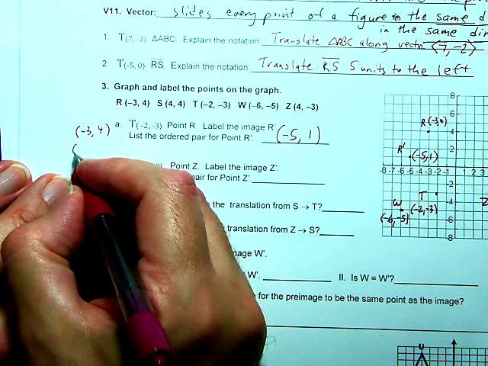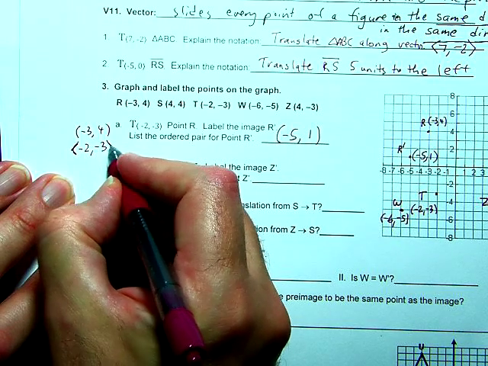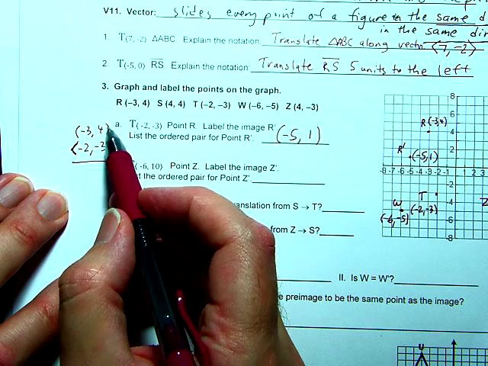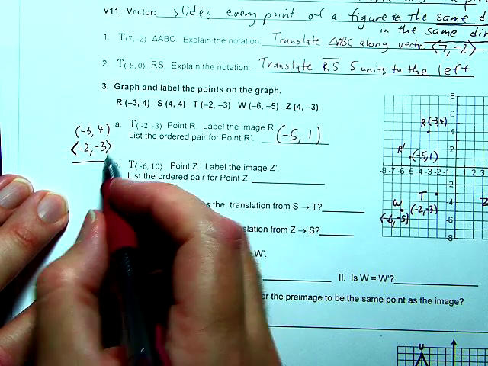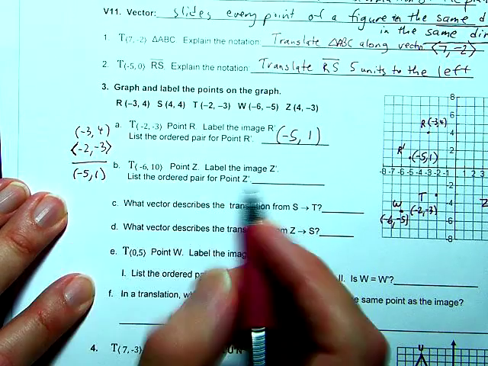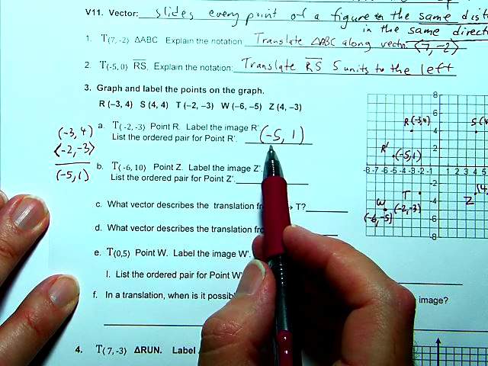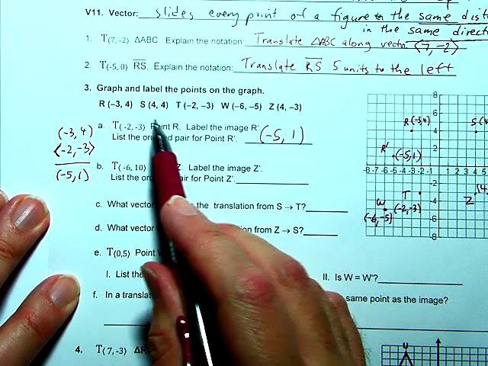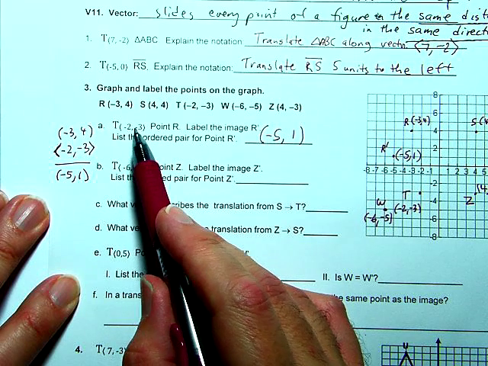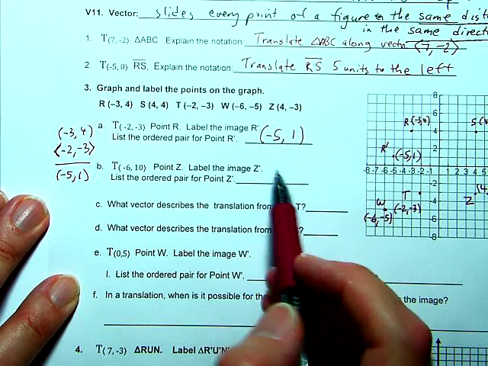If we wrote, with the angular brackets, negative 2, comma, negative 3 underneath it, and just added coordinates up, negative 3 plus negative 2 is negative 5, and 4 minus 3 is 1. So that's another way to get the ordered pair for R prime. You can take the original ordered pair and just add the vector to it, coordinate by coordinate, and you'll get the resulting point. Okay, good.